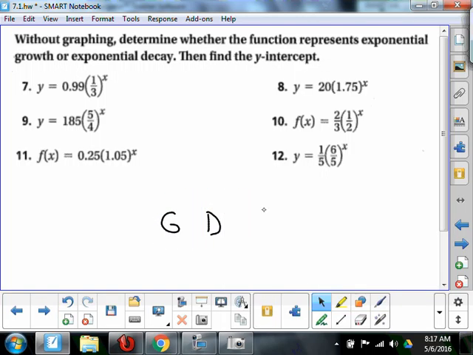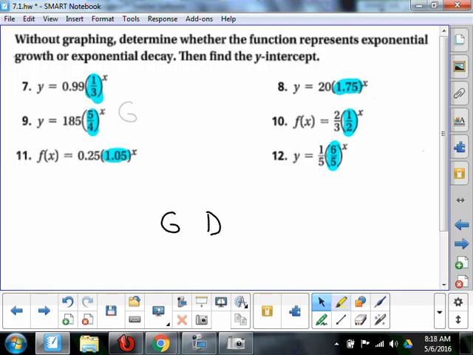Remember, we're looking at the b value. The b value is the thing that's raised to the power x. So here we're looking at a third, 5/4, 1.05, 6 over 5, 1.75. Remember, if that's bigger than 1, then we have growth.